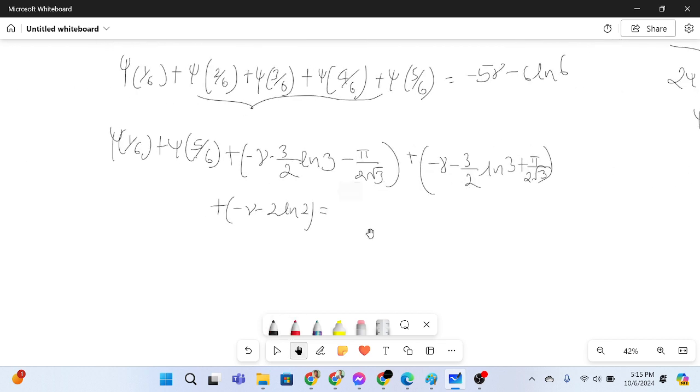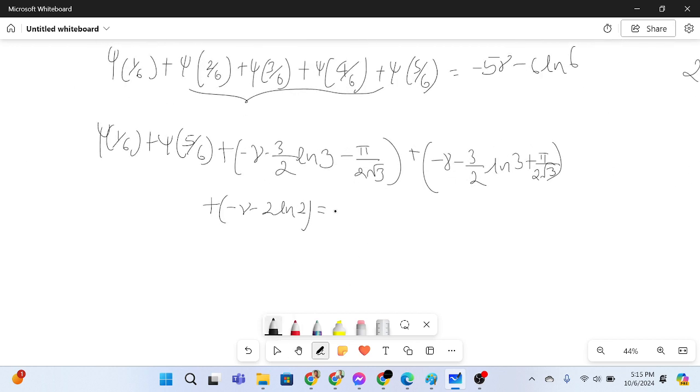Now this one is already here, and this will be equal to minus 5 Euler-Mascheroni constant minus 6 ln 6, right? So digamma 1 by 6 plus digamma 5 by 6 will be equal to minus 5 Euler-Mascheroni constant, and then there will be 3 minus Euler-Mascheroni constant, which when we take to the other side becomes plus 3 Euler-Mascheroni constant.